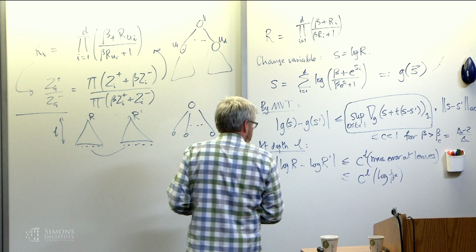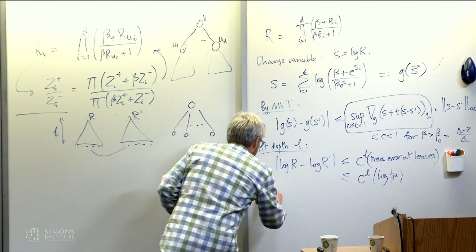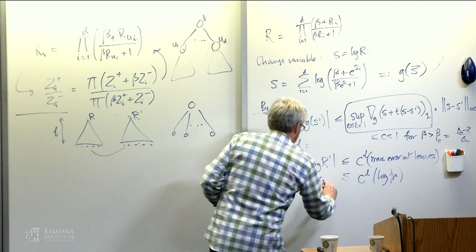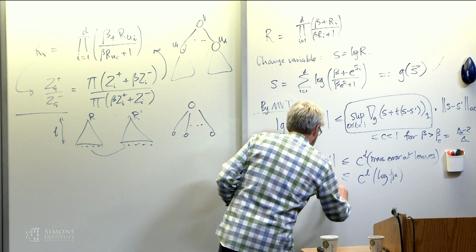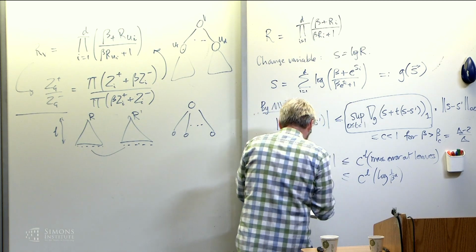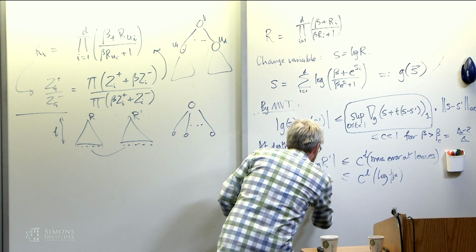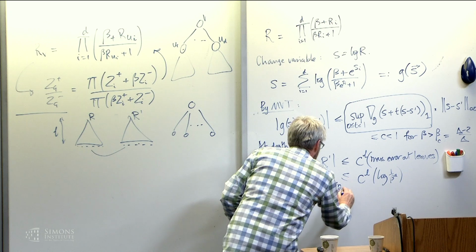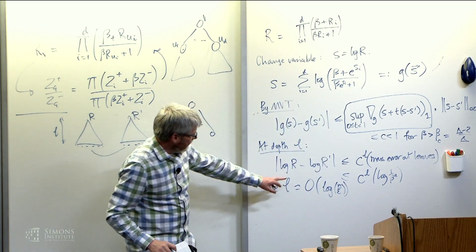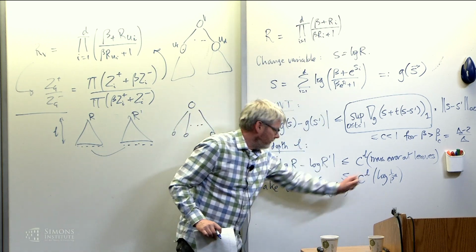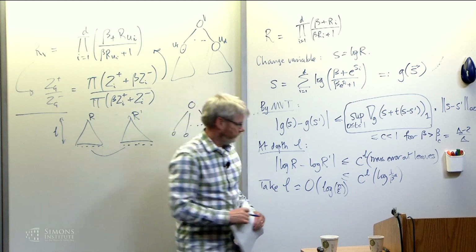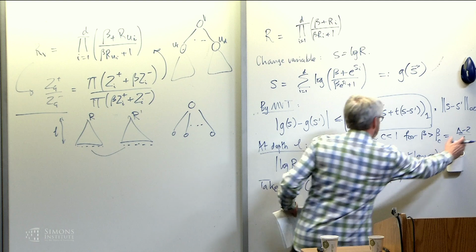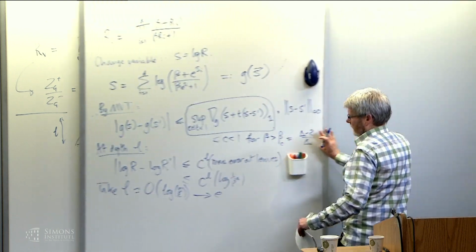And so I take L to be order log n over epsilon. If I take L to be order log n over epsilon, then this thing will be as small as epsilon over n.